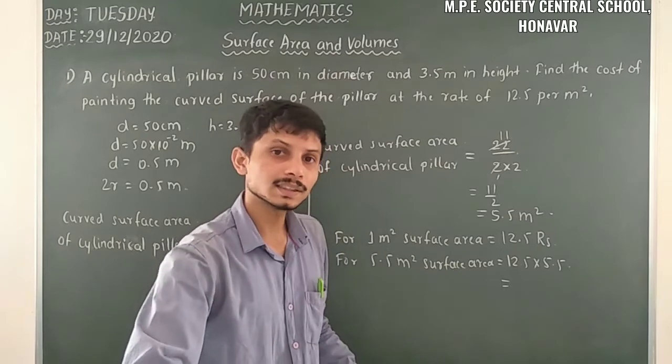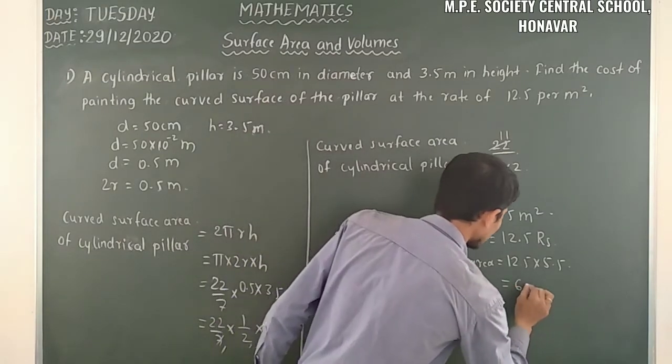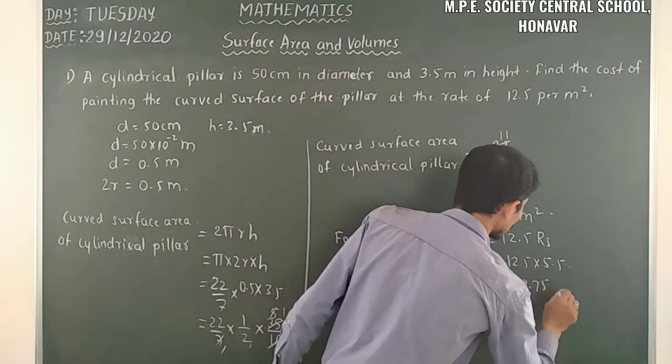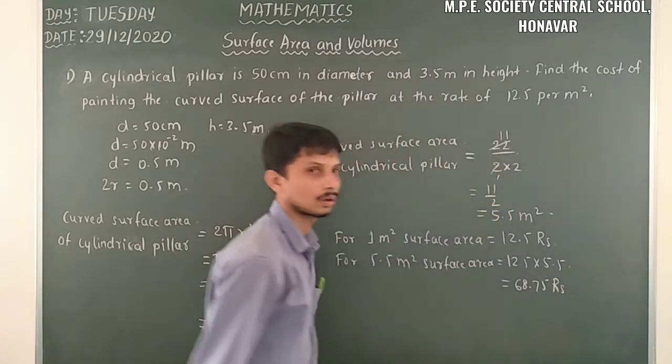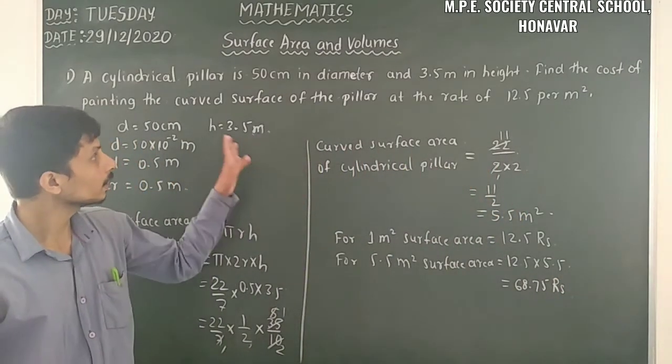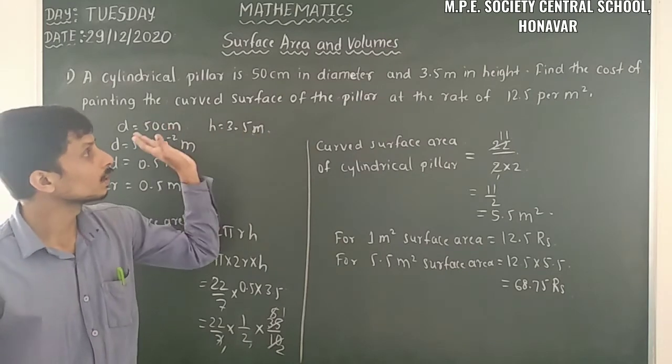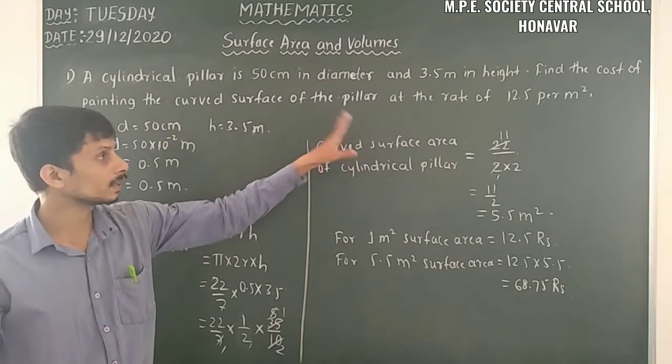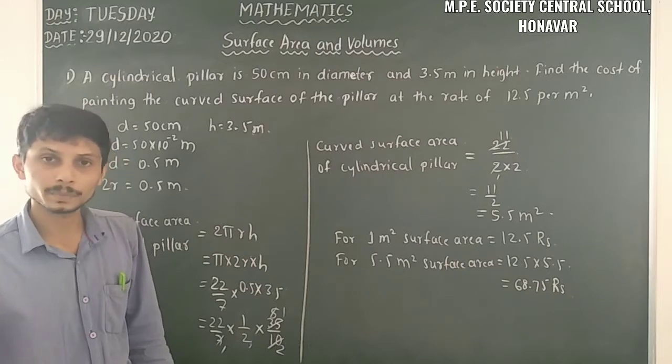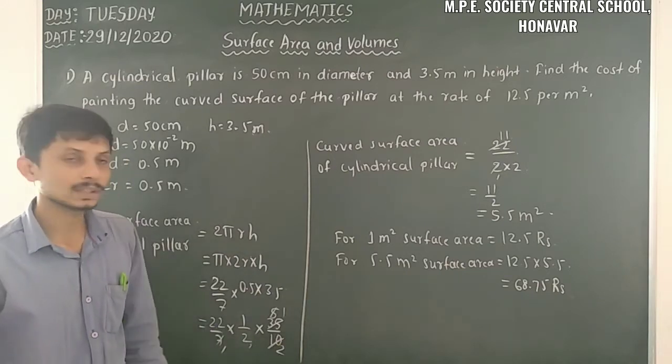The answer is 68.75 rupees we have to pay. The cost of painting the curved surface area of the pillar at a rate of 12.5 per meter square is 68.75 rupees.